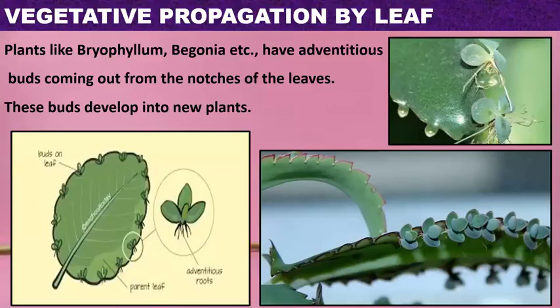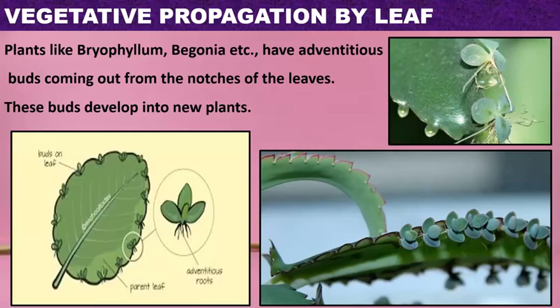Vegetative propagation by leaf. Normally, a leaf does not bear buds, but in plants like Bryophyllum and Begonia, buds come out along the margin of a mature leaf. These buds grow and also bear roots.